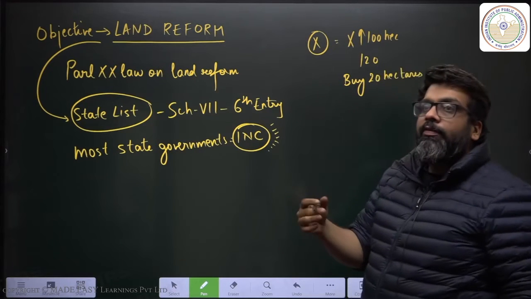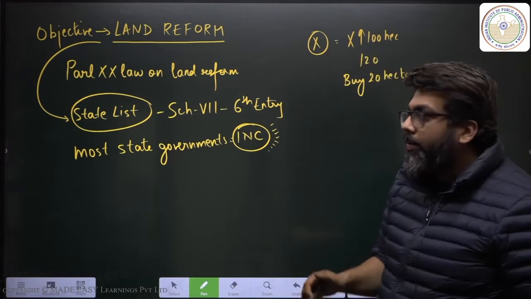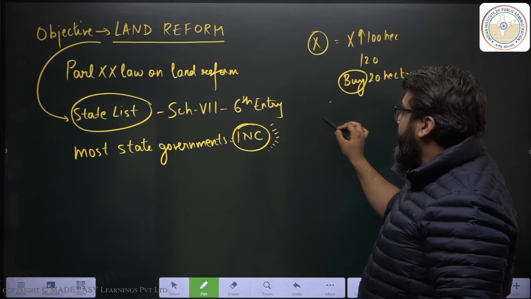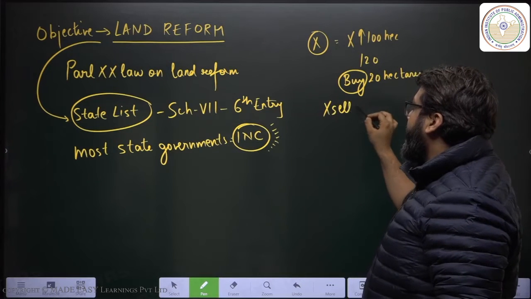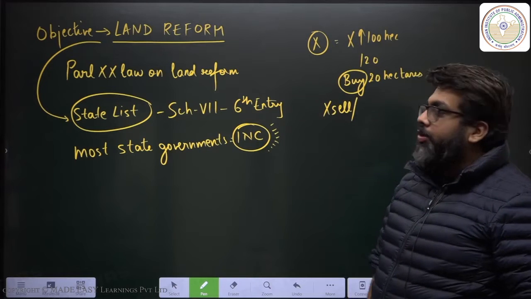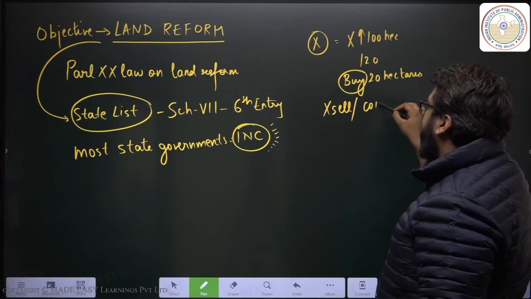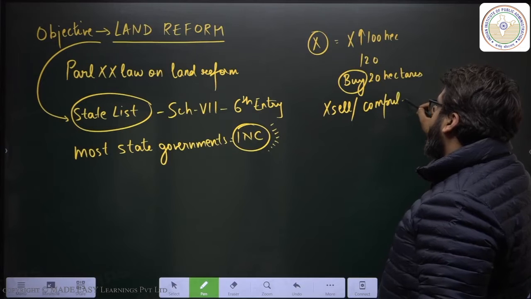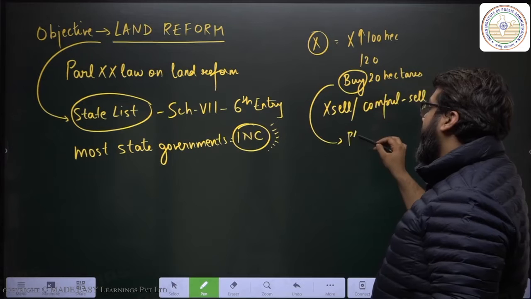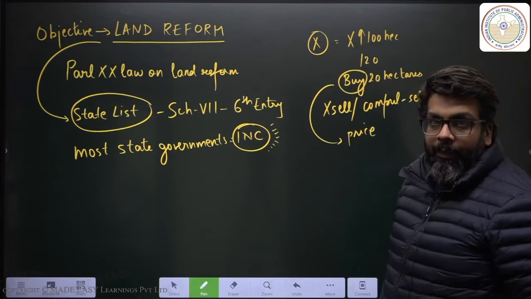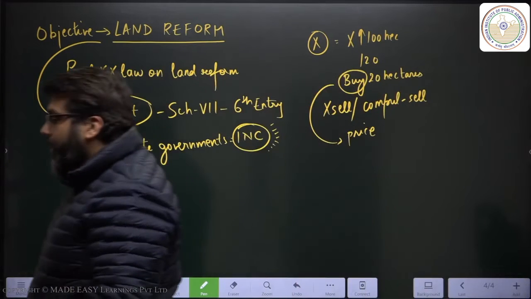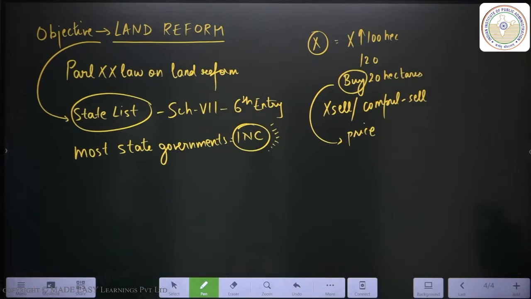It's not that the government is going to snatch the land from you. It is going to buy the 20 hectares from you. It does not matter whether you want to sell the land or not. You have to compulsorily sell the land to the government, and you will be paid a fair price for the same.